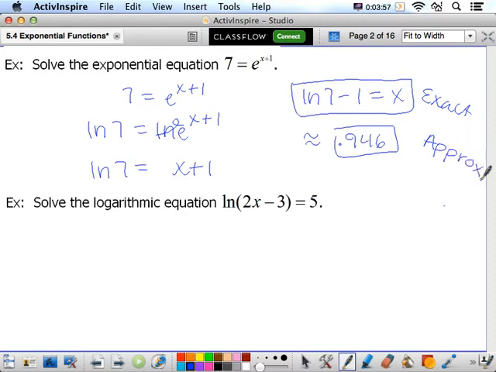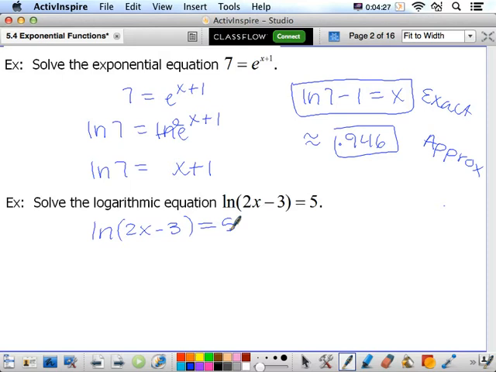Let's go the other way now and solve a logarithmic equation. We have that the natural log of 2x minus 3 is equal to 5. Let's pause for a second, let everybody get caught up. So if we have the natural log of 2x minus 3 equals 5, and we want to solve it, how do you solve a logarithmic equation?